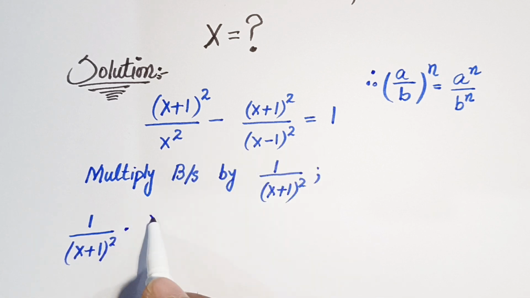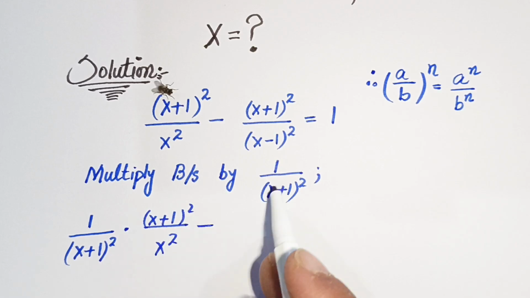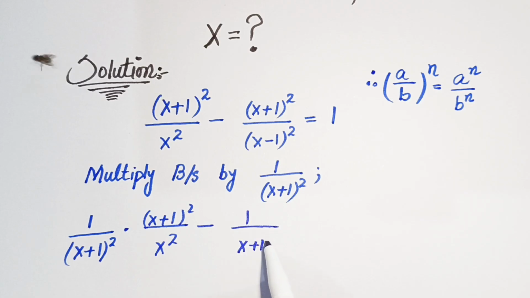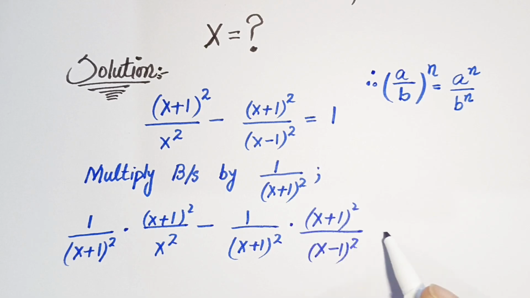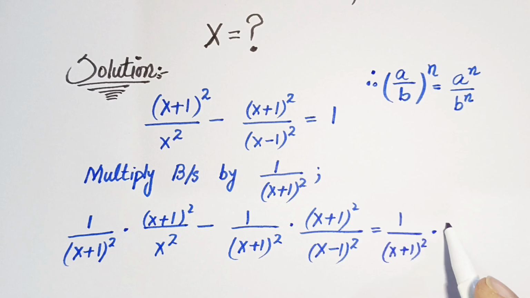Then our first term is (x + 1) whole squared over x squared, minus 1 over (x + 1) whole squared times (x + 1) whole squared divided by (x − 1) whole squared, which is equal to 1 over (x + 1) whole squared times 1.